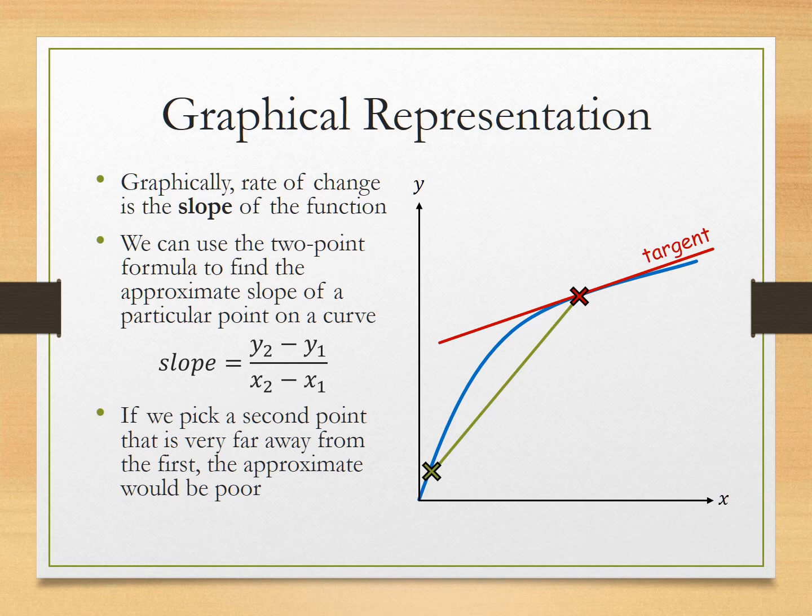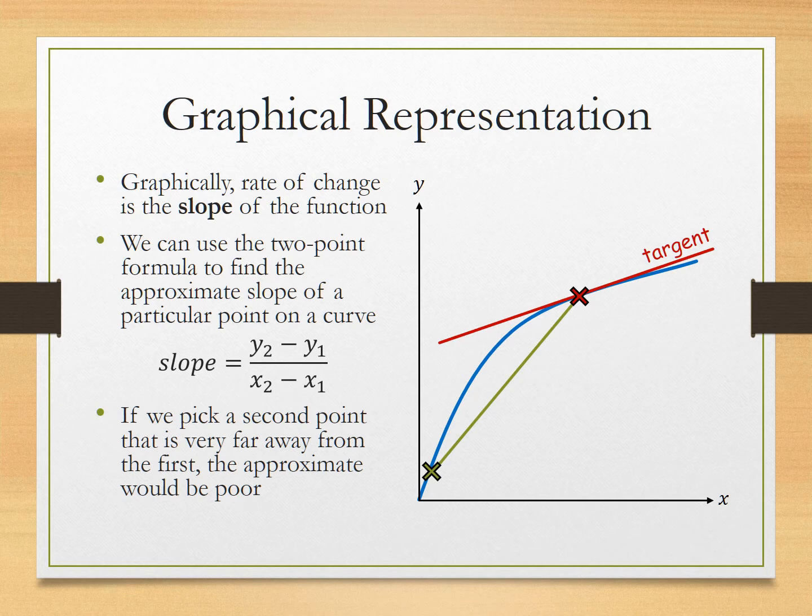With the second point, you can use the two-point formula, and you can represent the slope from the two-point formula by a line joining the two points. This green line joining the two points represents the slope you get from the two-point formula.